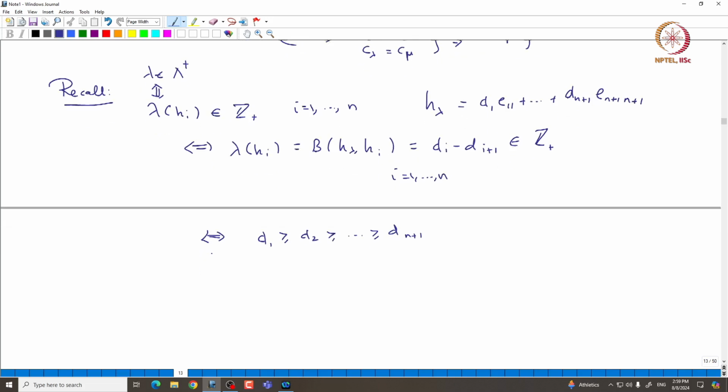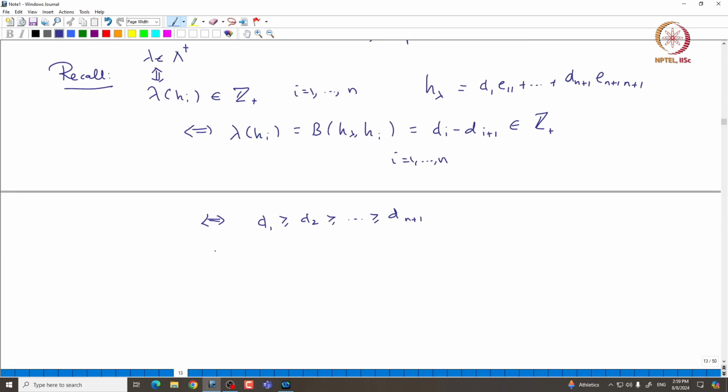There is a slight difference between considering GLn representations and SLn representations. This change of basis always matters a lot. The only thing is that we have to consider finite dimensional integral representations of GLn if we are interested in pushing down to SLn.